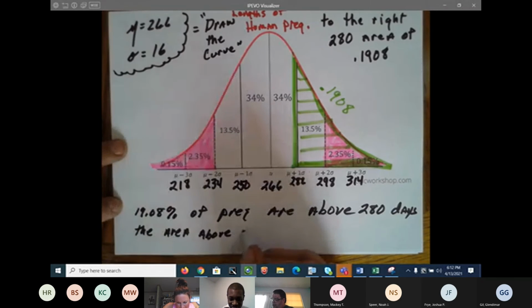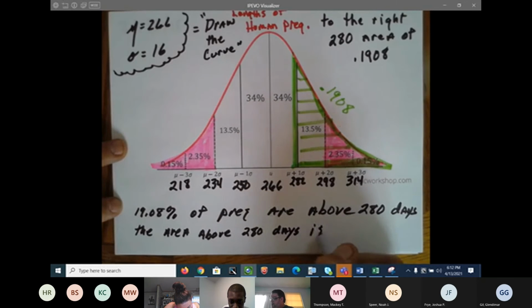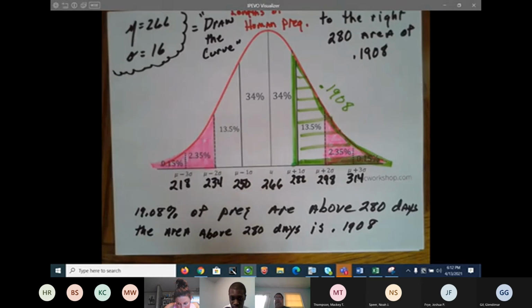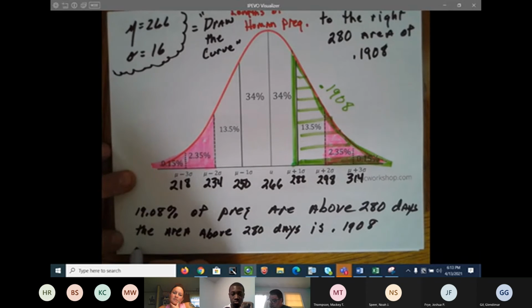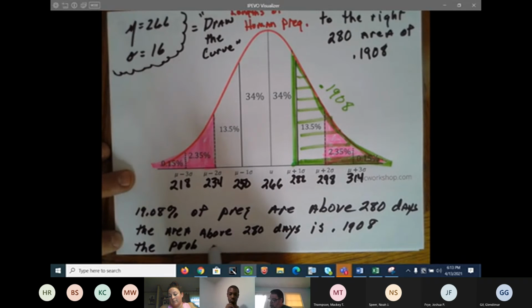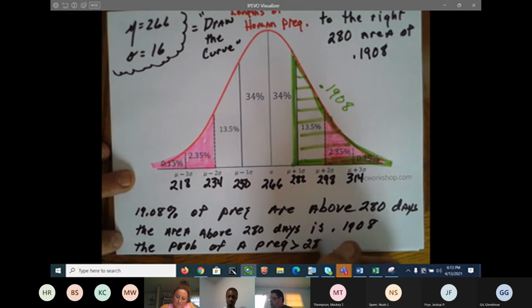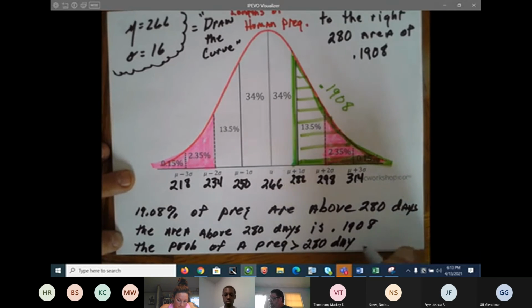The area above 280 days is 0.1908. And then, of course, the last one, not the area, but the probability of a pregnancy going over 280 days is what? 0.1908.